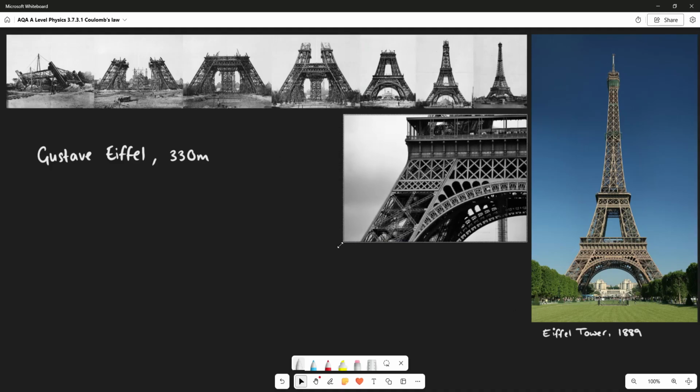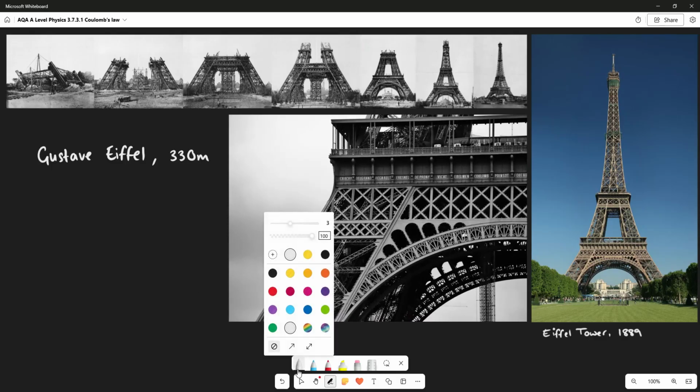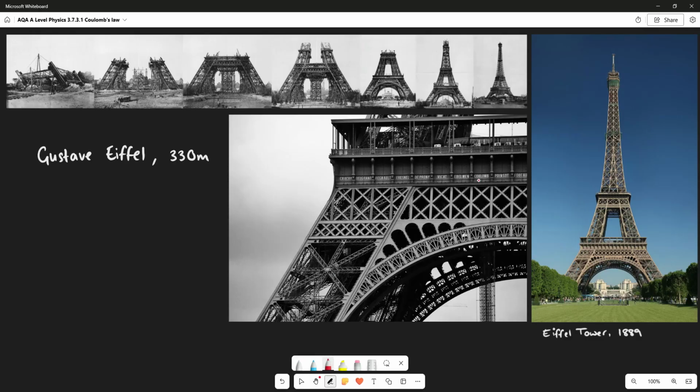If we have a look at some of the inscriptions on this tower, we can see the name Coulomb. There are other names here as well, some of which you may recognise, some of which you may not. In total, there are 72 names inscribed around the outside of the Eiffel Tower, celebrating French engineers and scientists.